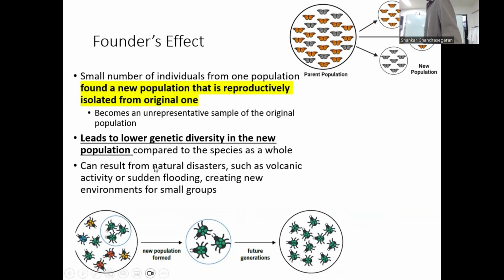So this can usually be caused by natural disasters. More often than not, any change in alleles, any change in terms of genetic drift or gene flow, can also be caused by natural disasters or environmental factors that cause changes within the population, either making them immigrate or emigrate, or wiping them out, leading to these kinds of effects, right?